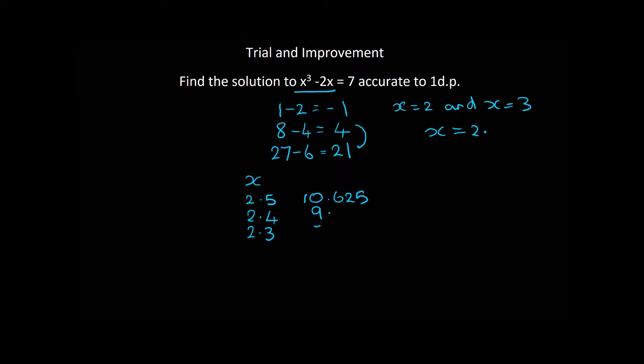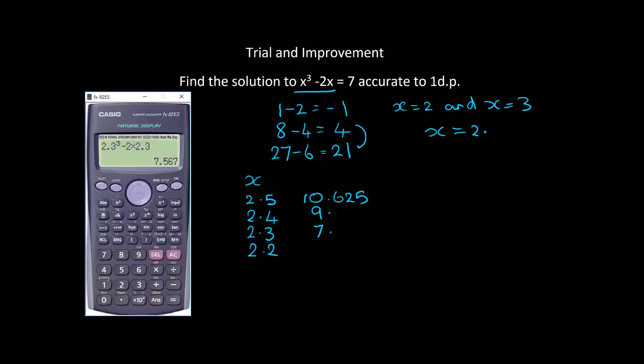7 point something. So try 2.2. Okay, and then go back and change the other one.